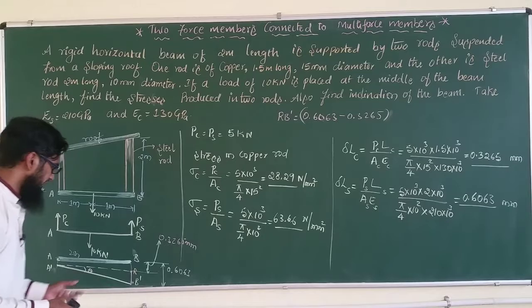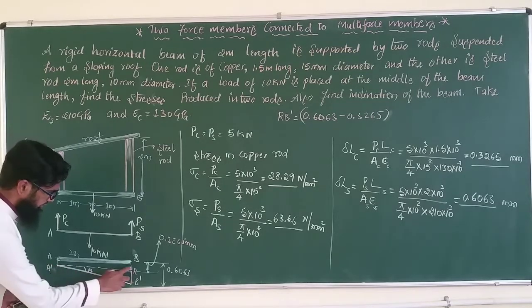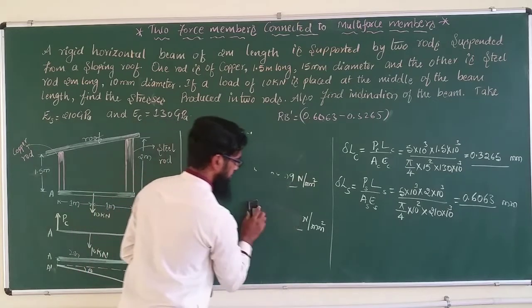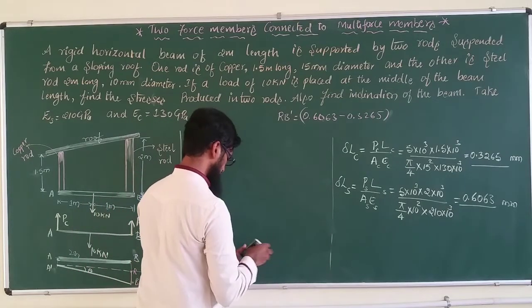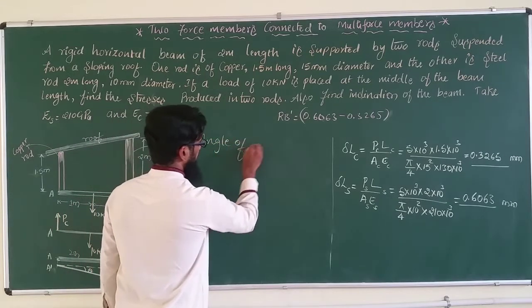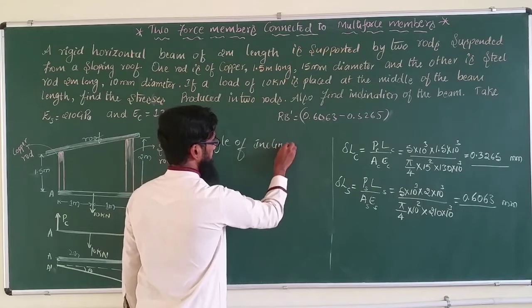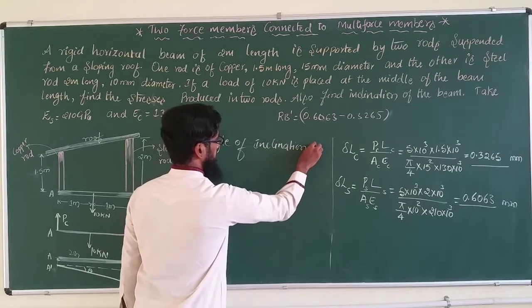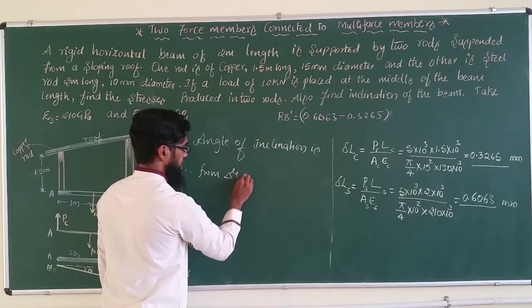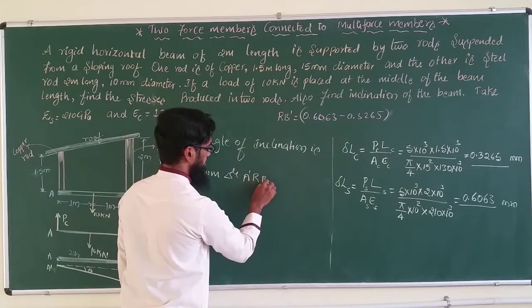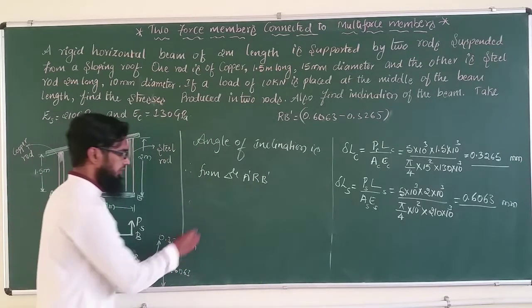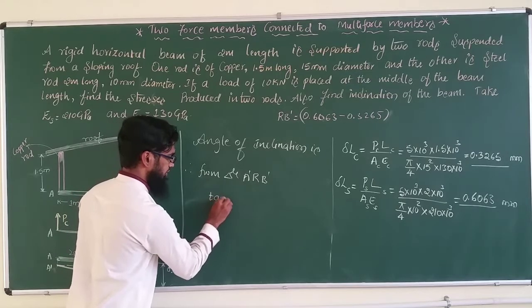Now I need to find the angle of inclination. This is a triangle here. Therefore, from triangle A dash R B dash, take the tan function.